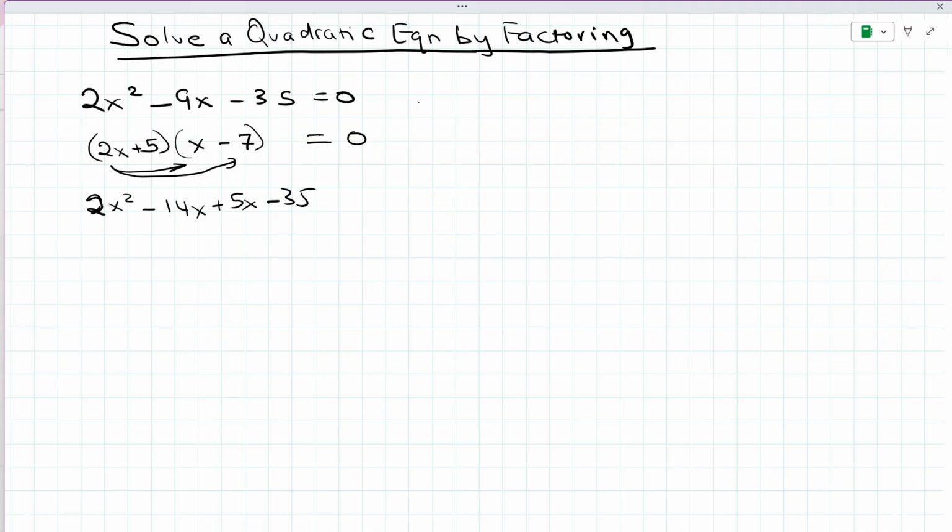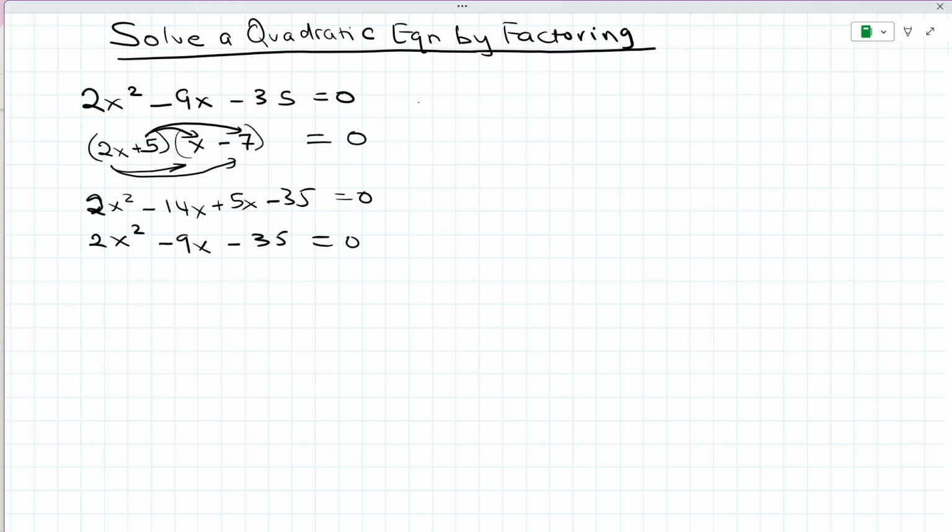So we can simplify this into 2x squared minus 9x minus 35 is equal to 0. Right, so that means we will have factored our initial equation correctly.